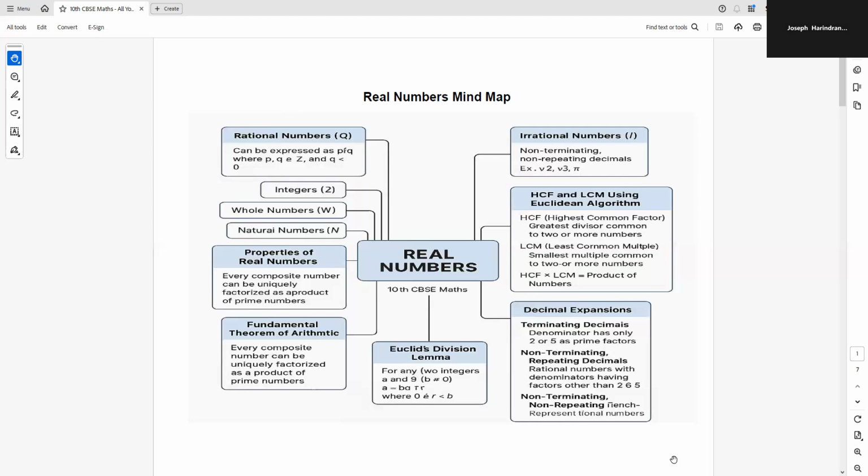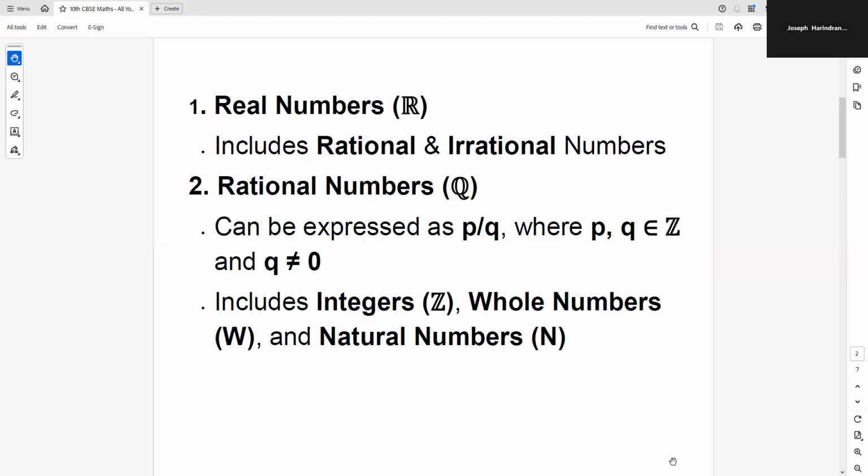Now let us dive into the actual topic. The topics here are organized such that real numbers, denoted by capital R in general, include the set of all rational and irrational numbers.